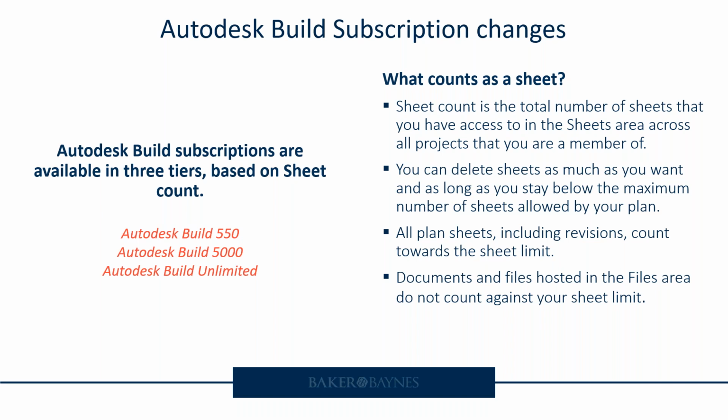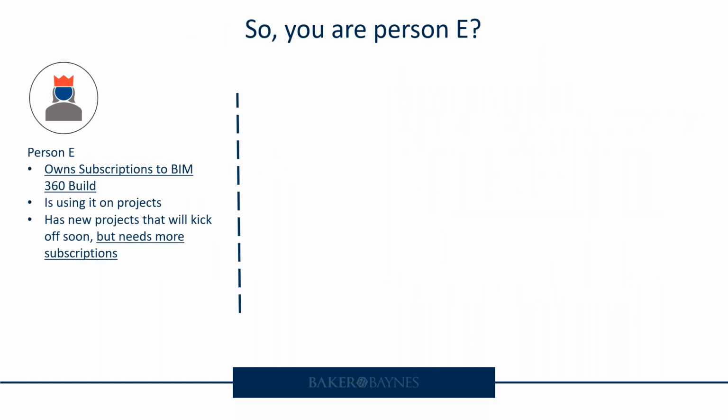A 550 sheet is perfect because they will have access to the sheets that are relevant to their trade. So depending on who you are and what your role is, there's basically a sheet size that is for you. And it's great because it means that you're not paying for unlimited where someone actually just uses a fraction of it.